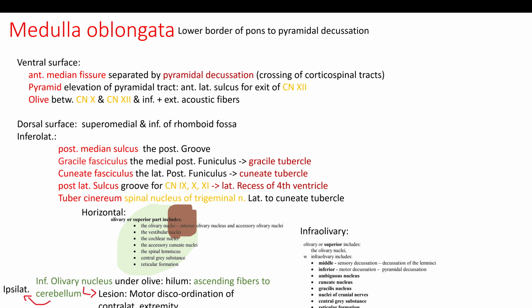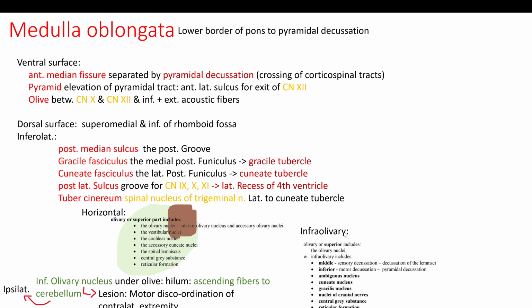In horizontal cross section, we can distinguish two parts, the olivary or superior part, including the olivary nuclei, inferior olivary nucleus and accessory olivary nuclei. I mean, you can read it yourself, but vestibular nuclei, cochlear nuclei, accessory nuclei, spinal lemniscus, reticular formation, and the infra-olivary part.